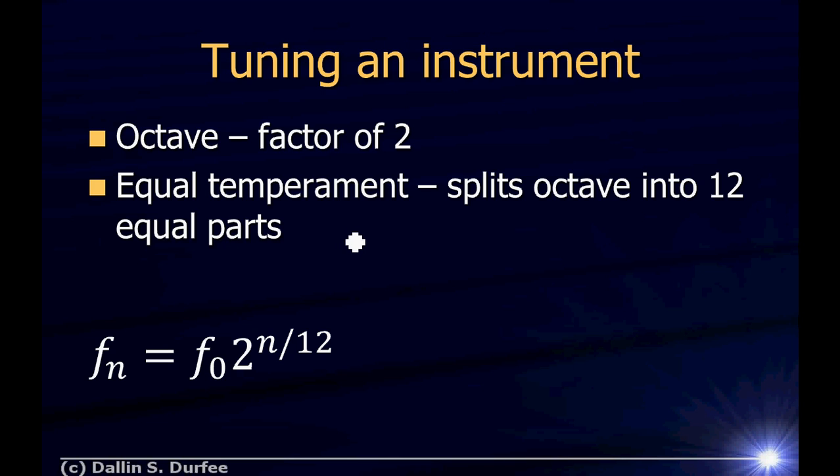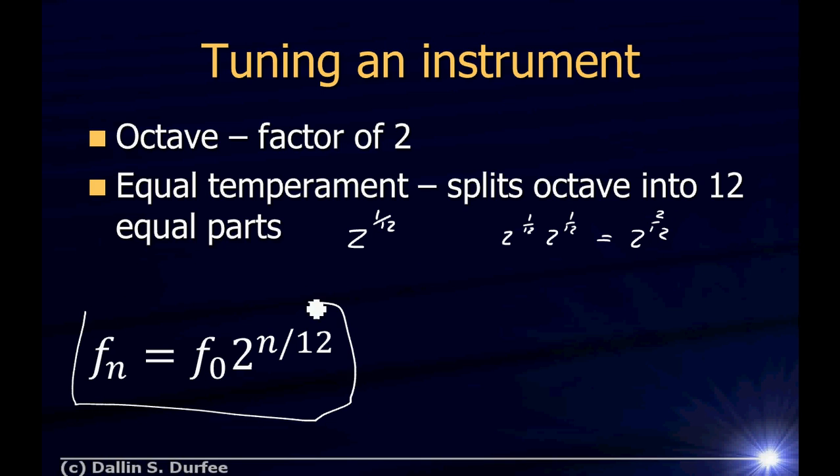So going up a half step means multiplying by a factor of 2 to the 1/12. Going up 2 half steps means I multiply by 2 to the 1/12 and then another 2 to the 1/12, which is 2 to the 2/12. Or in general, going up n half steps means multiplying your frequency by 2 to the n/12.